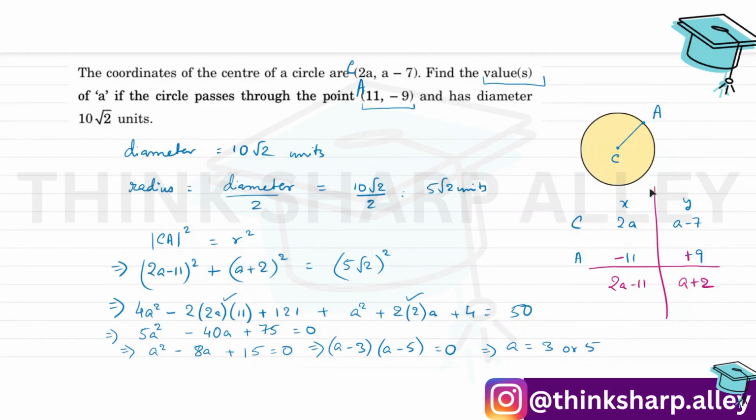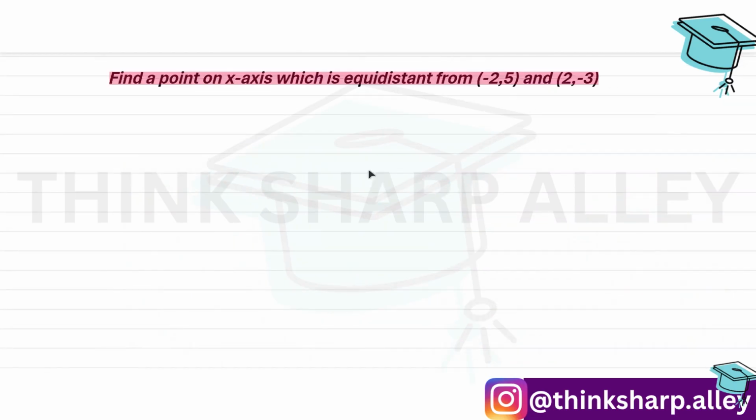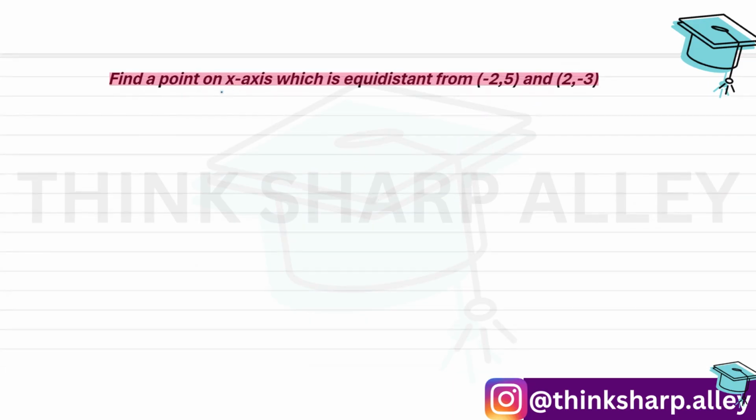So now let's look at another interesting coordinate geometry problem. Find a point on the x-axis which is equidistant from these 2 points. Here we have to find a point on the x-axis, and any point on the x-axis is of the form x comma 0, right? The y coordinate becomes 0. So let the point be P(x, 0), which is equidistant.